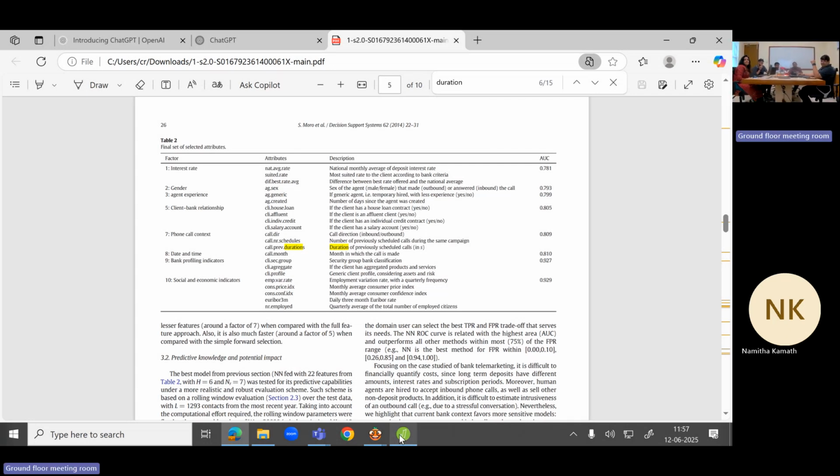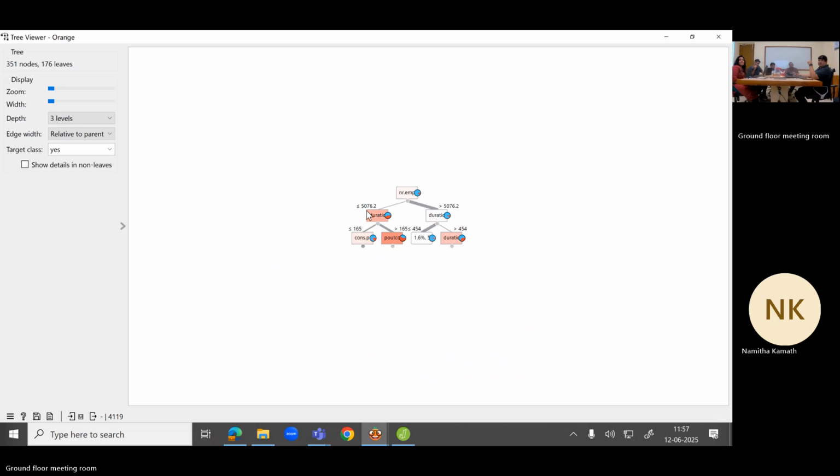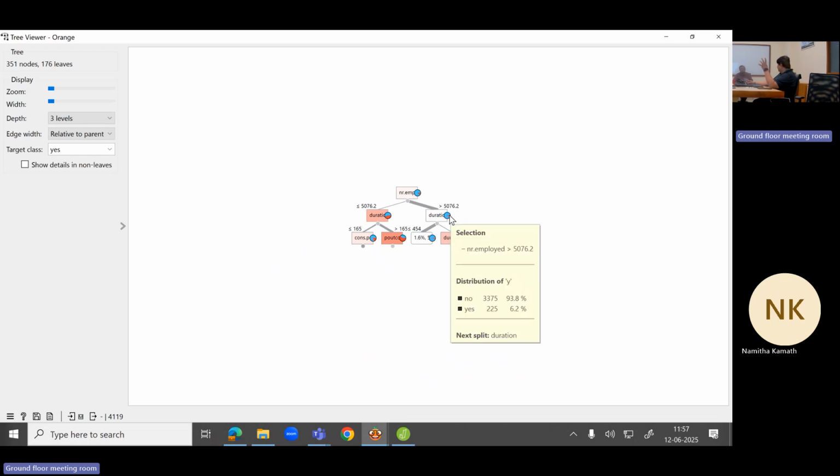So now if you see in the decision tree, it gives you some value. If the number of that quarterly average is more than this, then the next you have to go for duration.